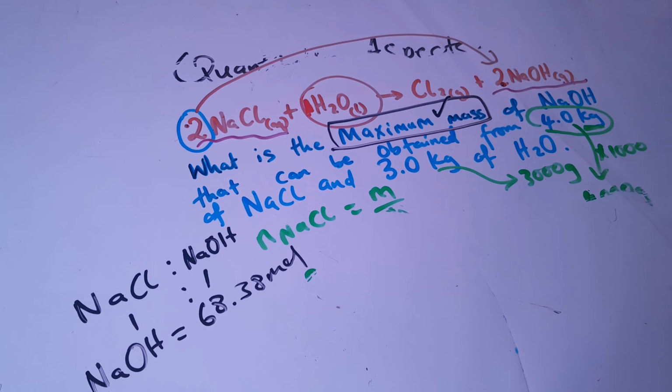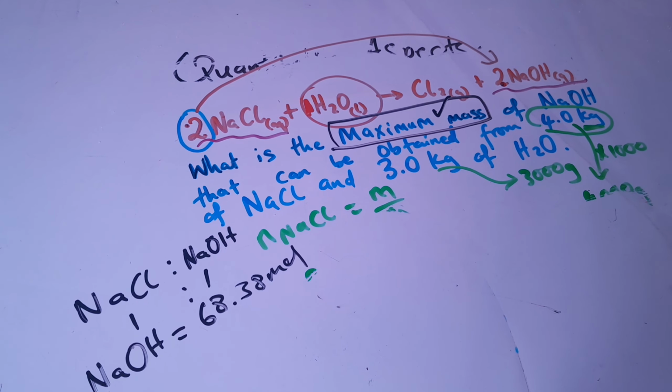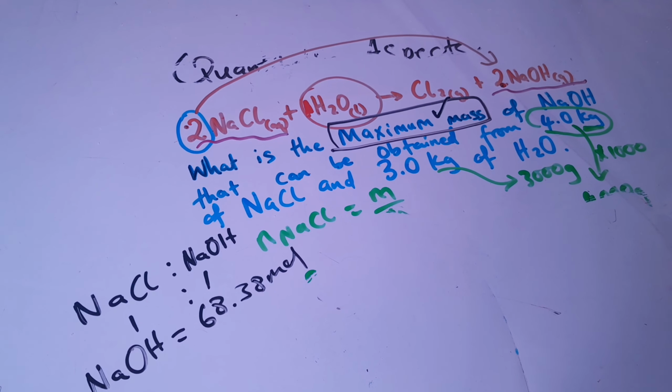That's why in the following chapters we are going to do theoretical yield and percentage yield, because most of the time what we calculate theoretically is not the same as what we find actually. Is this making sense?